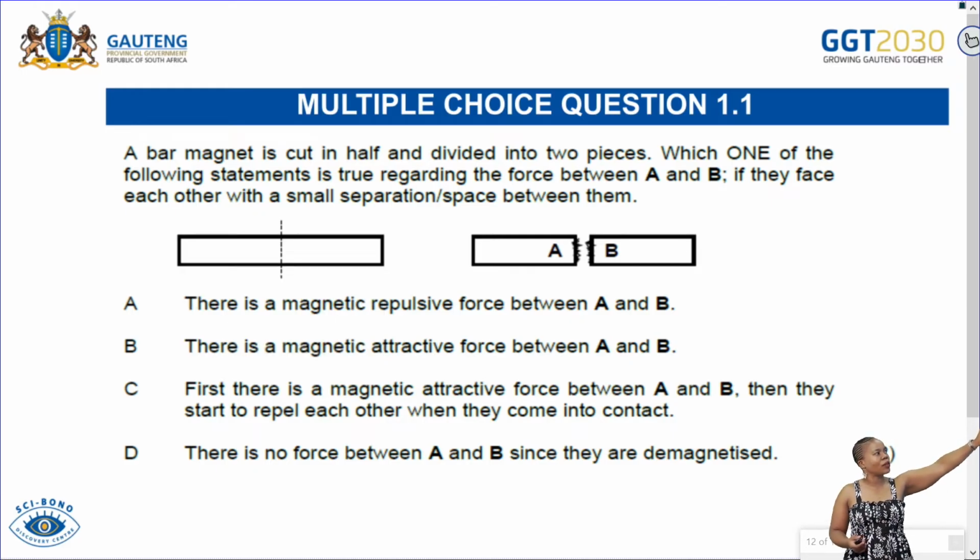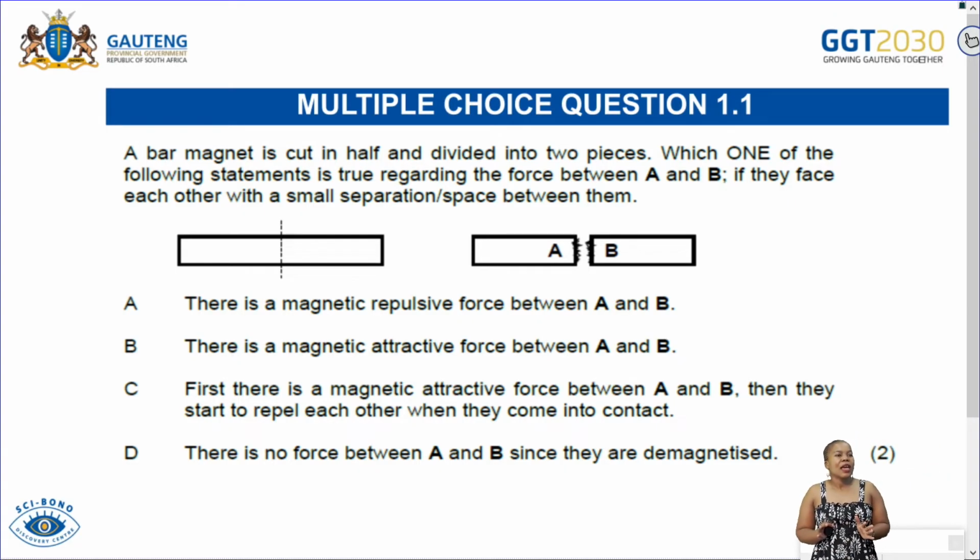Okay, so now if you had a north on this side and a south on that side, that means if you cut them in the middle, the one with the south would then have its north, and the one that had its north will therefore have its south. So let's look at the options that they've given us.